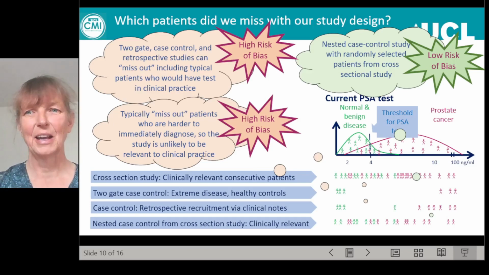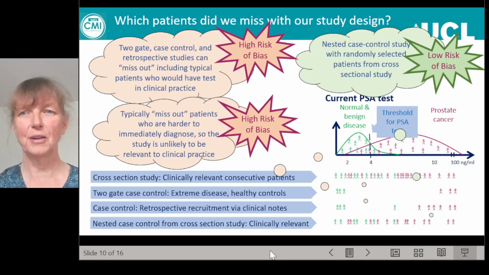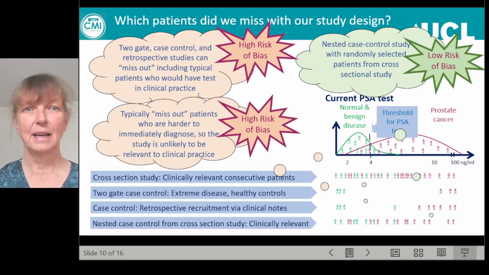Hi, welcome back. I'm hoping that you are framing your answer about why case control studies typically give less accurate results around the people who are missing in the middle here in these case control studies.